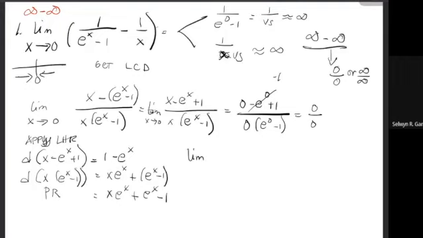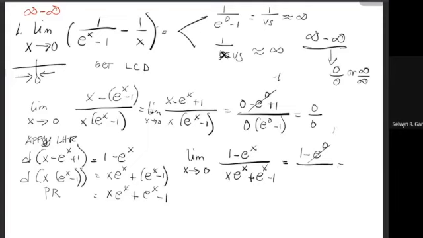So we write our new expression, which is now in terms of the derivatives. So 1 minus e to the x, and the derivative of the denominator is x e to the x. Applying the limit, we have 1 minus e to the 0, but obviously this is 1.